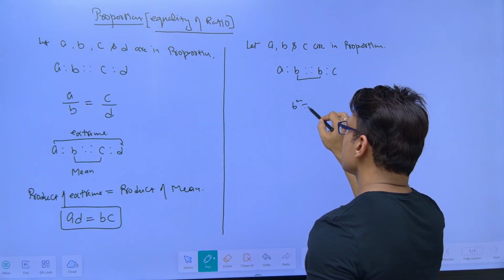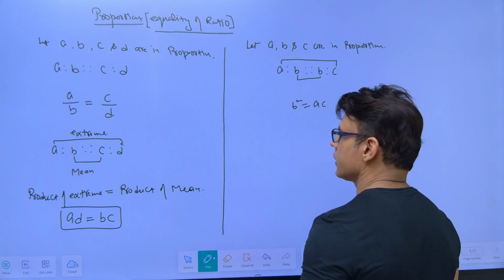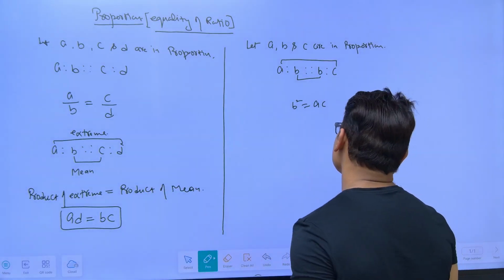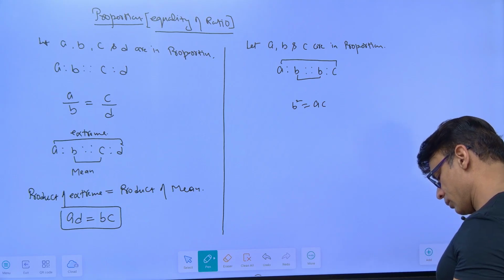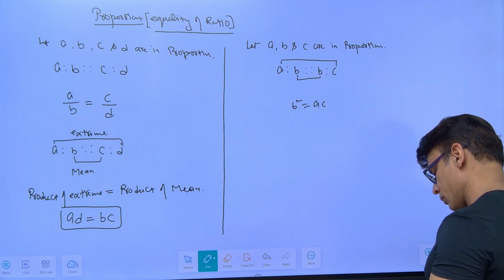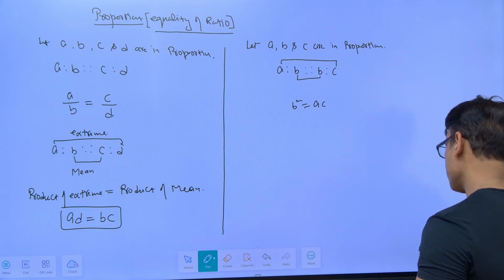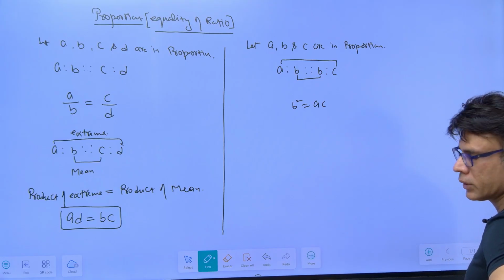Its square is equal to the product of the other two, same thing. C should be replaced with B. B square.